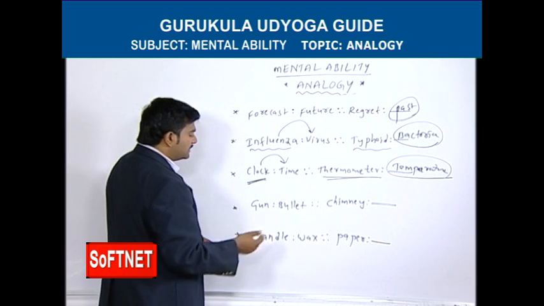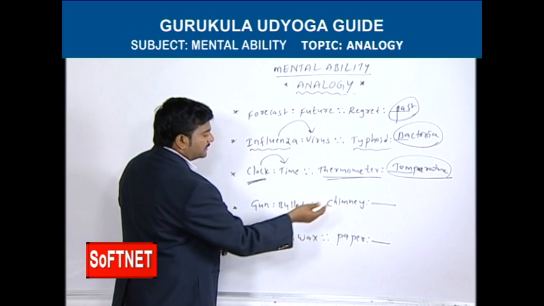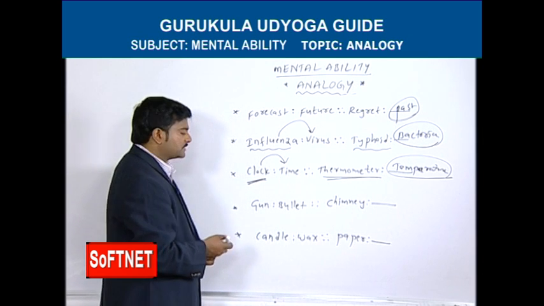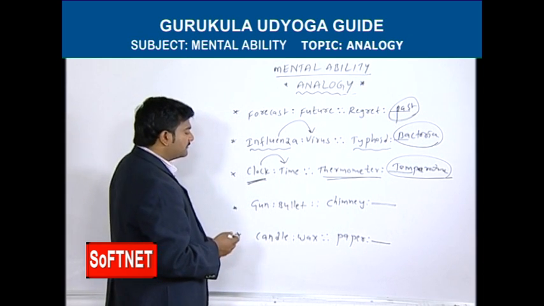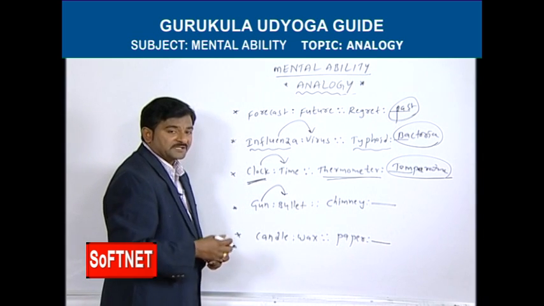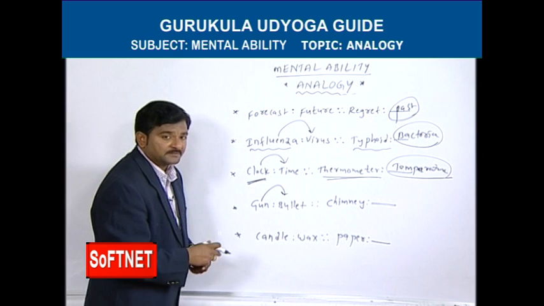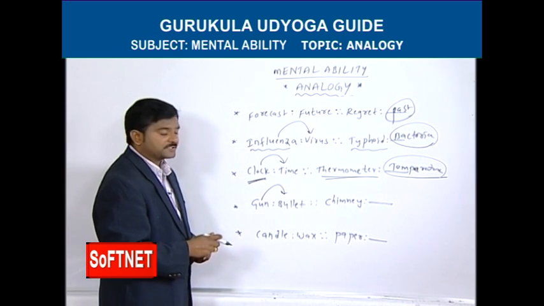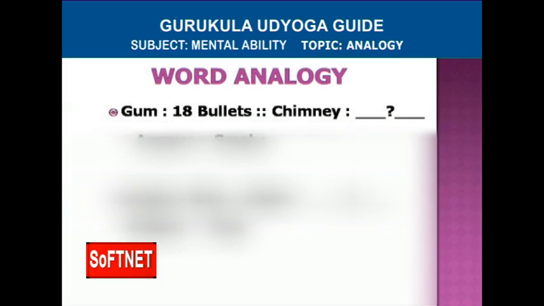See here: gun, bullet; chimney, dash. Simple question. From a gun, a bullet will come out. The second one comes out from the first one. Bullet comes out from the gun. Similarly, from a chimney, smoke will come out.